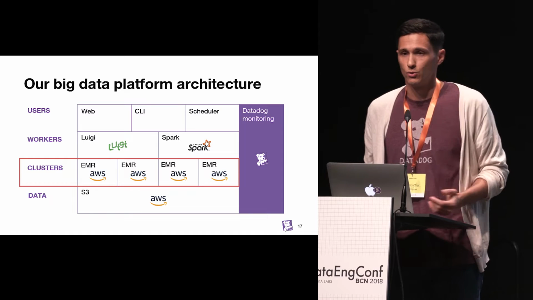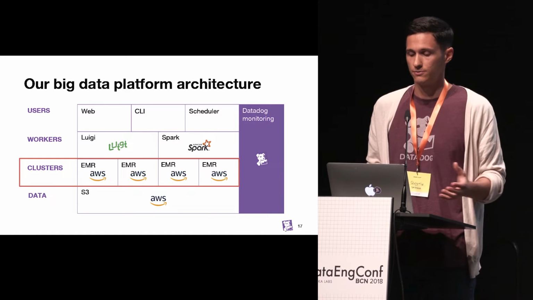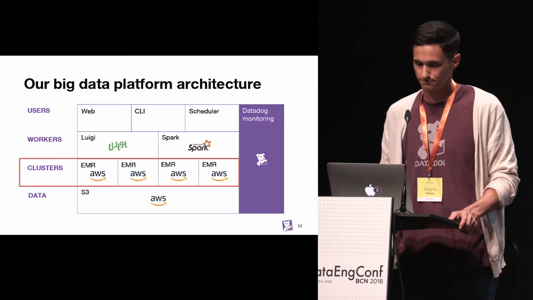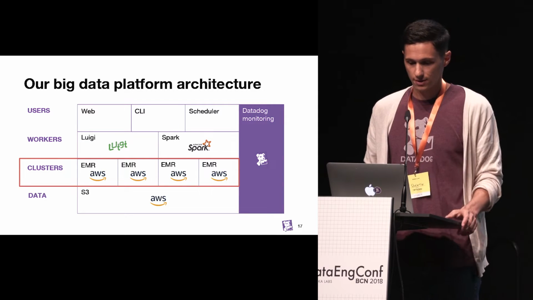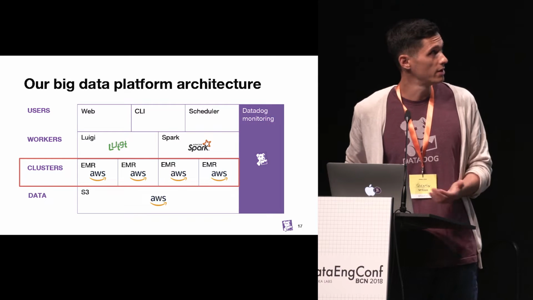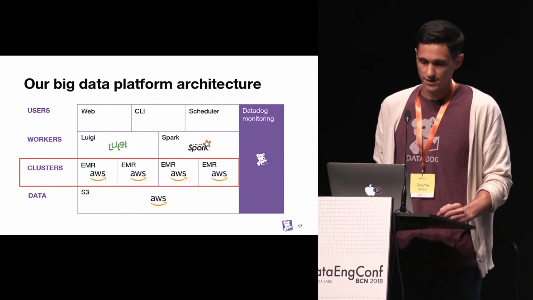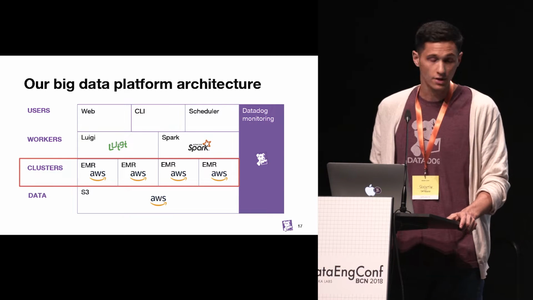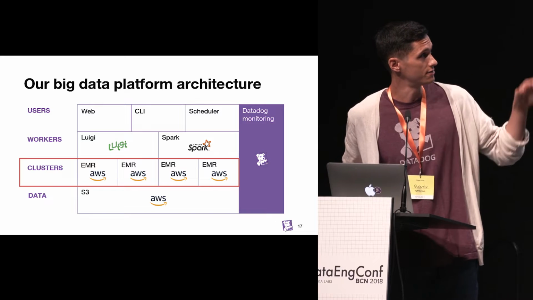And there's the Spark worker, which is just in charge of compiling the code and sending the code to the right cluster and making sure that the job is running. And the users can interact in different ways with the platform using our web interface or using the CLI, and there's a scheduler for scheduling recurrent jobs. And we use Datadog to monitor all of these layers.